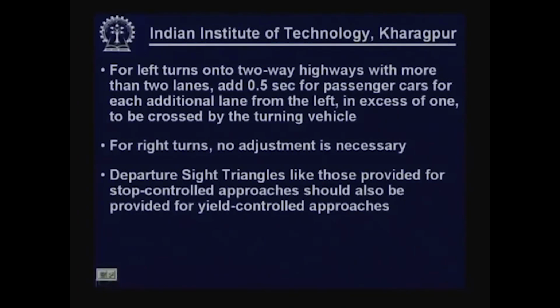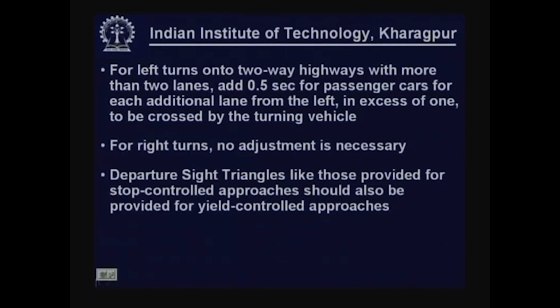So, if a wider highway is considered for left turns, then corrections should be applied depending on the design vehicle and the number of lanes to be crossed in excess of 1 by the turning vehicle. That value is 0.5 second for passenger cars; a different value is suggested for other design vehicles. For right turns, of course, no such adjustment is necessary.